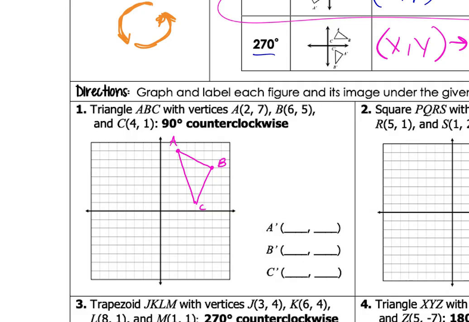Now let's think about it. If we are going to rotate 90 degrees, every point here is in which quadrant? The first quadrant. So if I go 90 degrees, every one of my points should land where? The second quadrant, right? 90 degrees would be the next quadrant over. So it's going to land there.